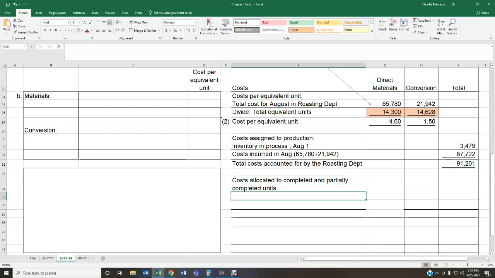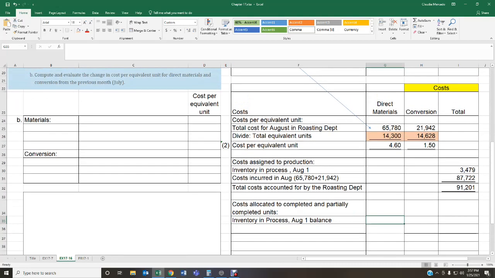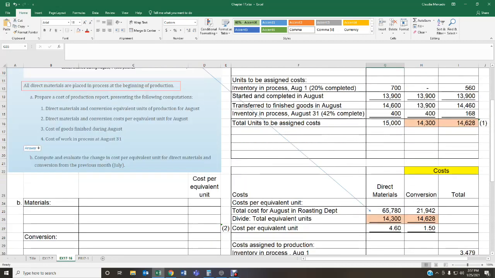So we're going to start off with our inventory in process, the August the 1st balance. For that, the cost for our inventory in process balance was $3,479.